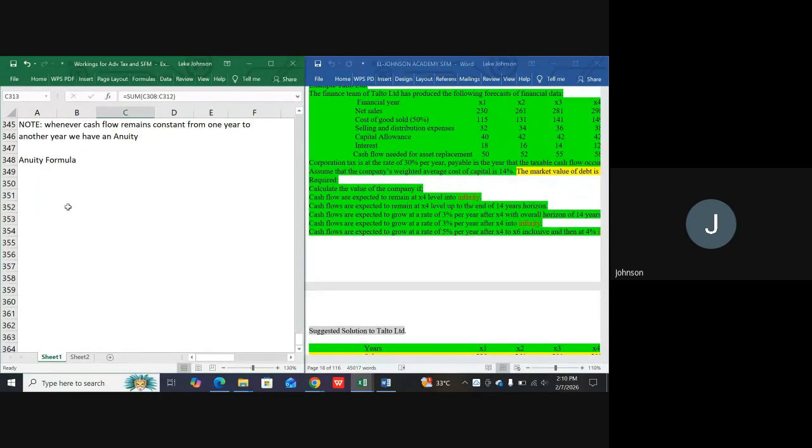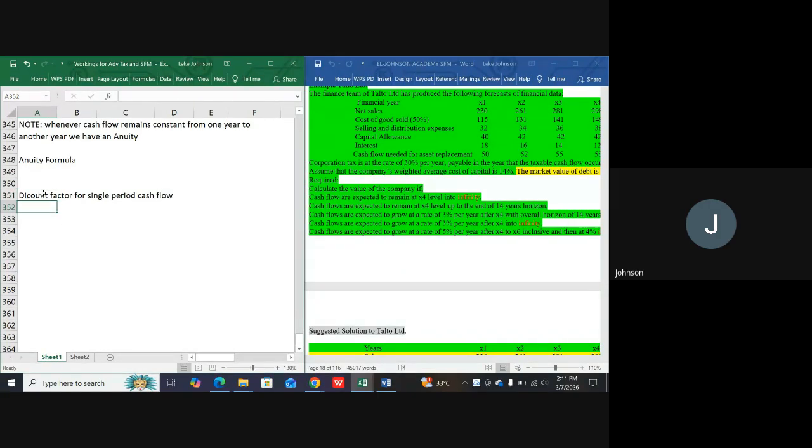So let's say discount factor for single period cash flow.